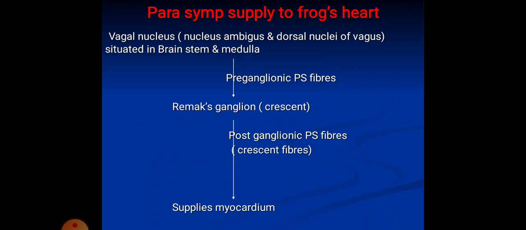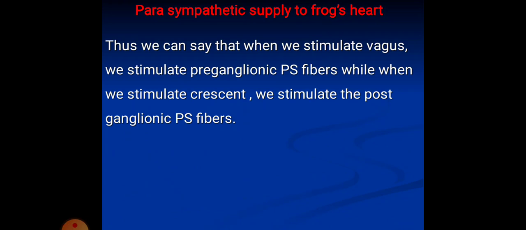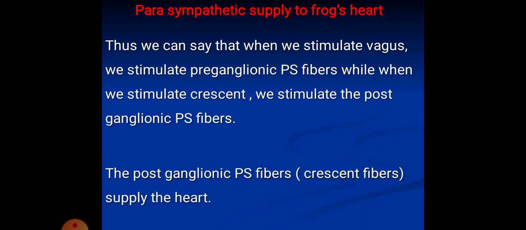From Remak's ganglion, the crescent fibers, which are actually the postganglionic parasympathetic fibers, arise and they supply the heart. So that is the parasympathetic supply of the frog's heart. Thus we can say that when we stimulate vagus, we stimulate the preganglionic parasympathetic fibers, while when we stimulate the crescent, we stimulate the postganglionic parasympathetic fibers. The postganglionic parasympathetic fibers, that is crescent fibers, supply the heart.